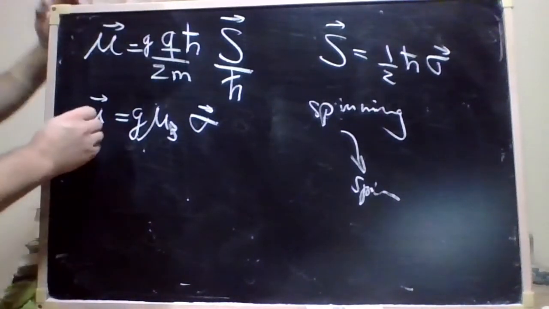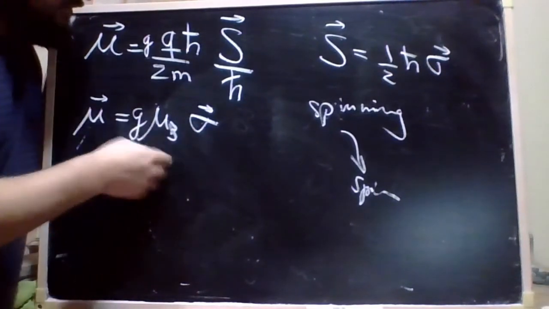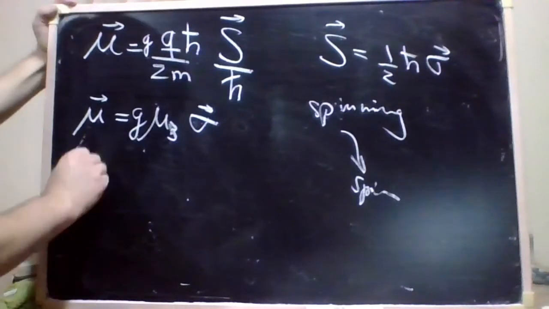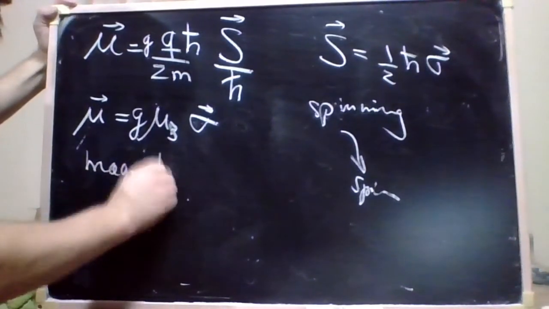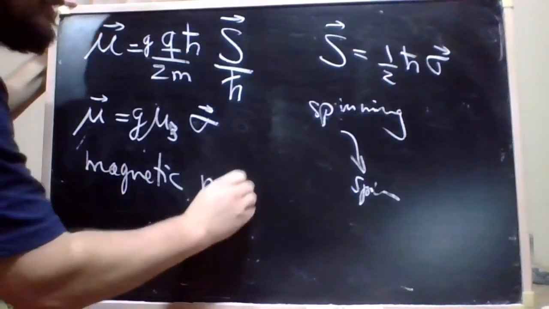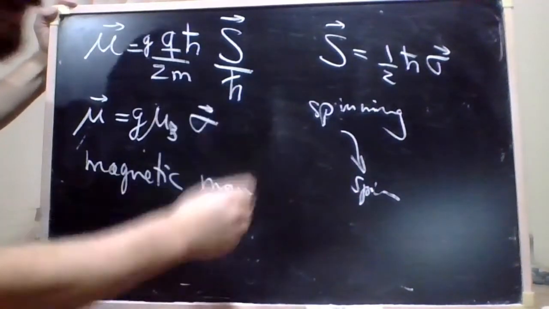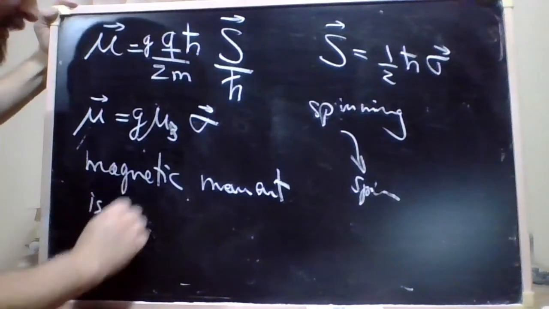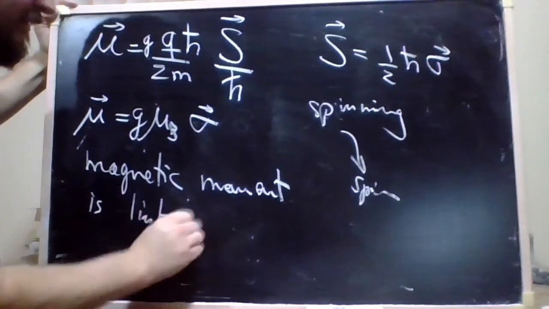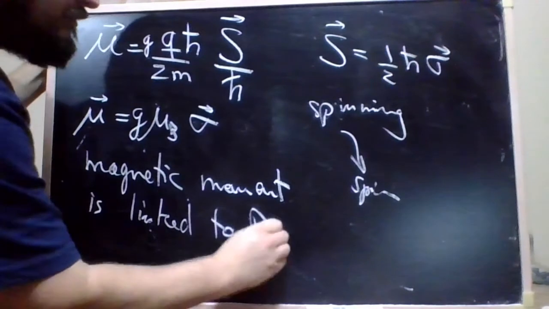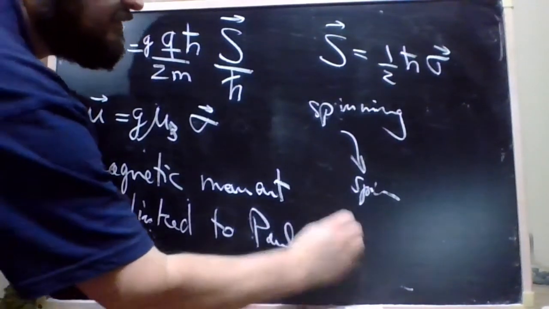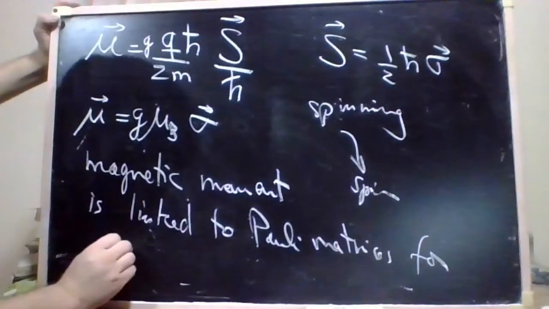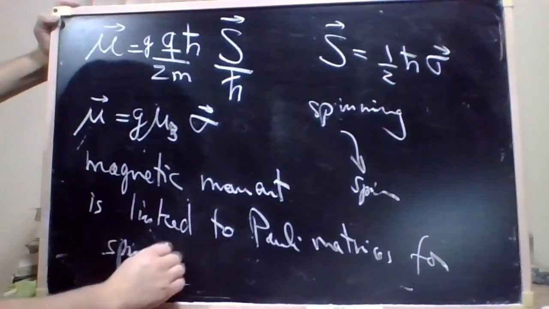So a magnetic moment, or dipole moment to be precise, is linked to Pauli matrices for, of course, spin 1/2.